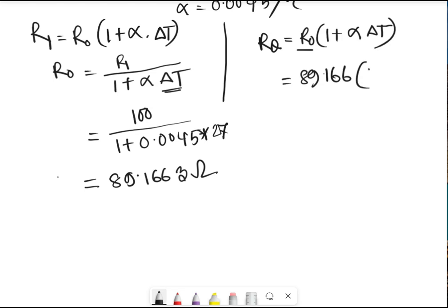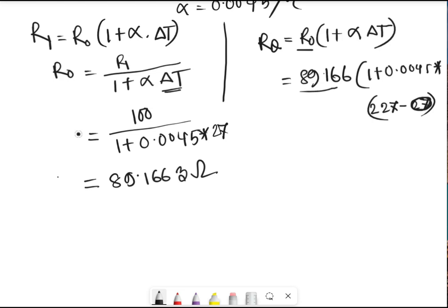Now plug in the value here: 89.166 times (1 plus 0.0045 times the temperature difference), and the temperature difference is what? 227 minus, not 27 degrees. Here it will be 0 because we have taken the reference as R0.